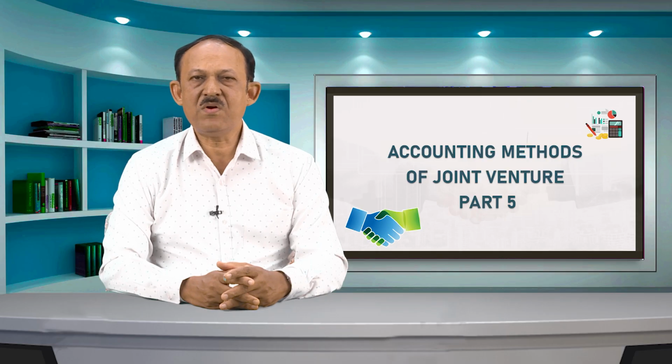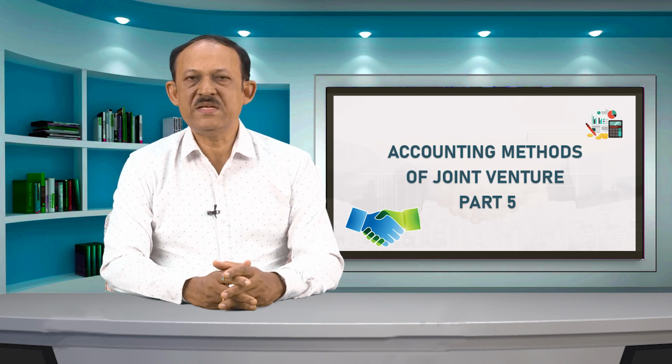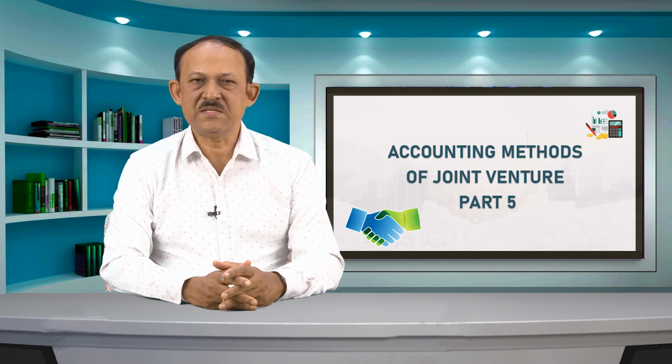Friends, we have completed the first method, which is when no separate accounts for joint venture are maintained. In the next session, we will discuss the second method of joint venture accounts, when separate books of account are opened for joint venture. Revision is desirable to acquire a good understanding.